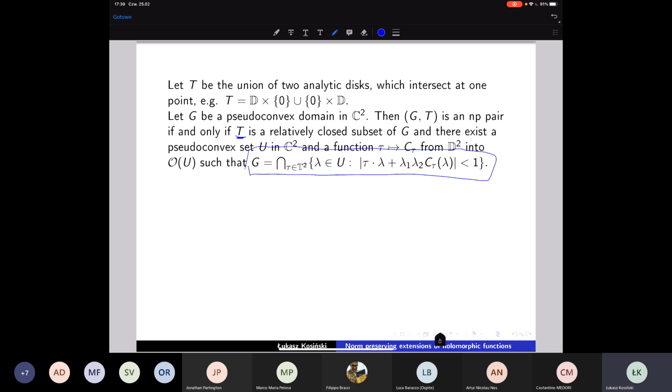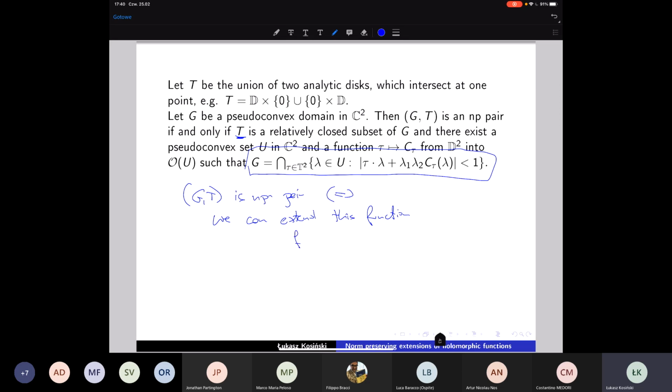This actually looks a bit artificial, but it means that GT is an NP pair if and only if we can extend this function.